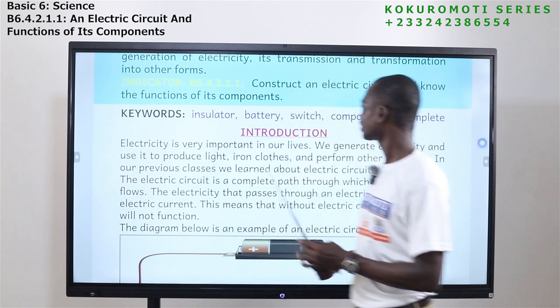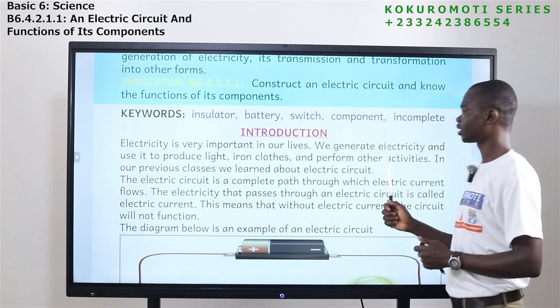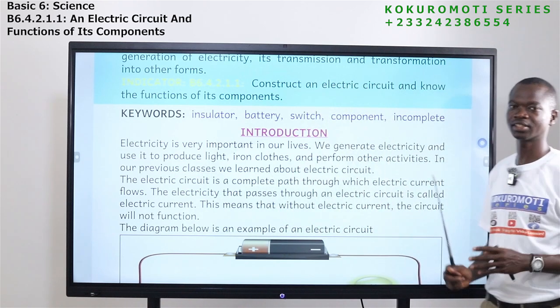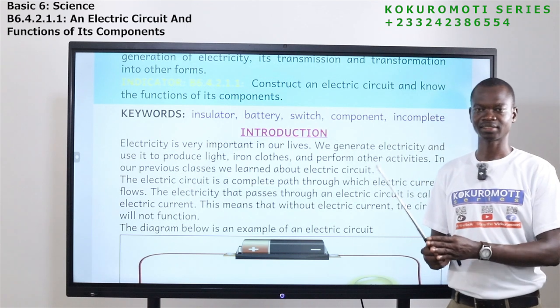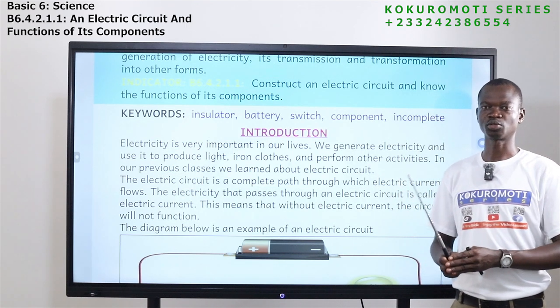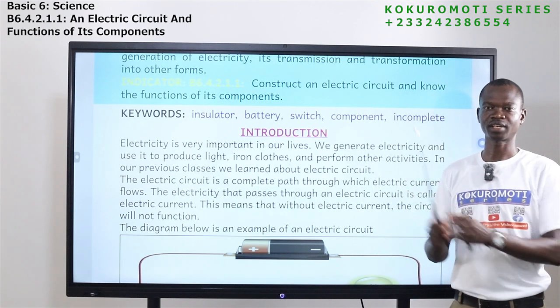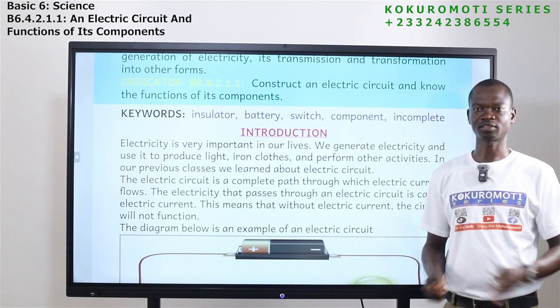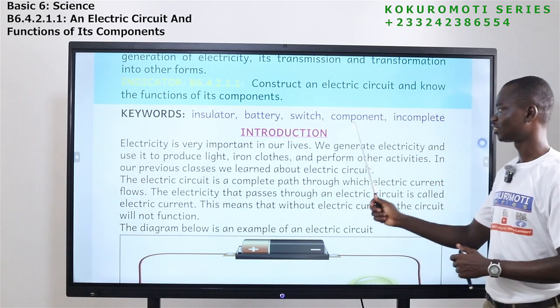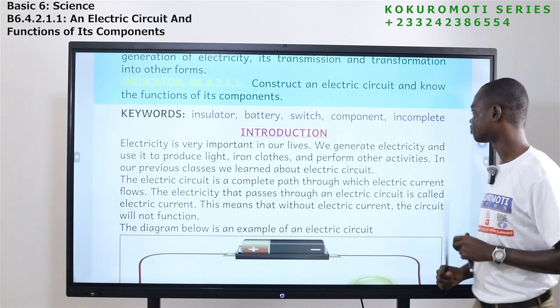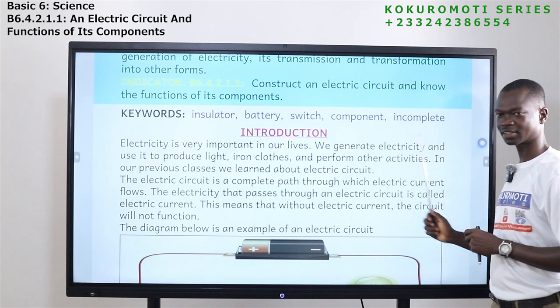Okay. The next one is components. Components is the same as parts. Components of an electric circuit, parts of an electric circuit, but this one is just one component. The next one is incomplete.